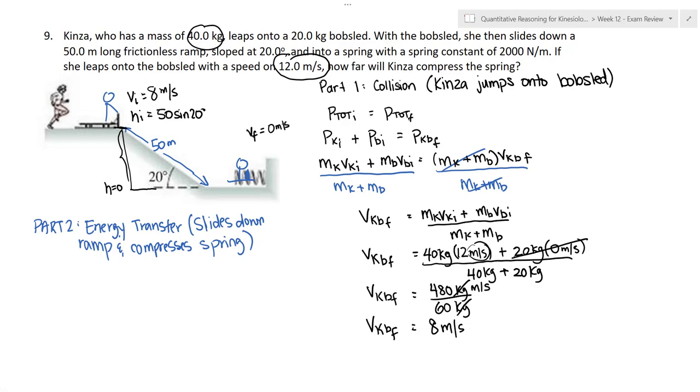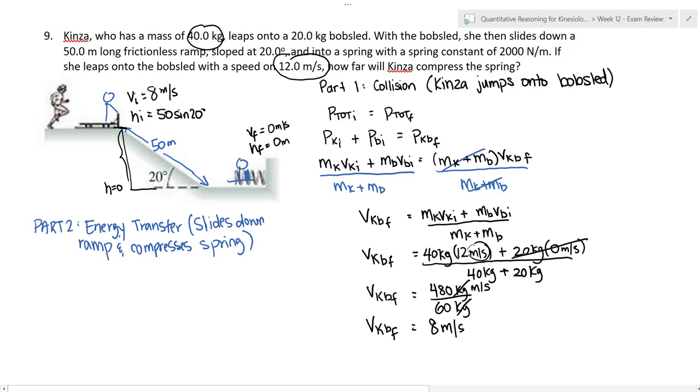But when the spring is compressed to its maximum amount, then the velocity of Kinza and the bobsled would be 0 at that moment in time. What about their height? Well, we said the reference height is at the bottom of the ramp, and that's where they're going to be when they compress that spring. So then their final height is 0 meters.